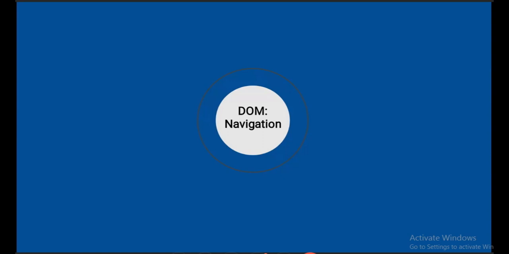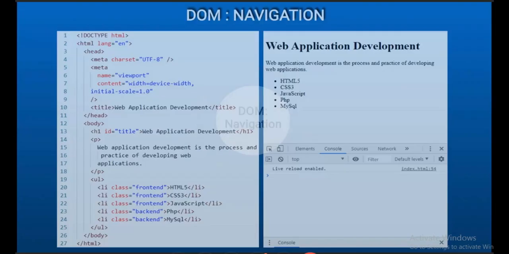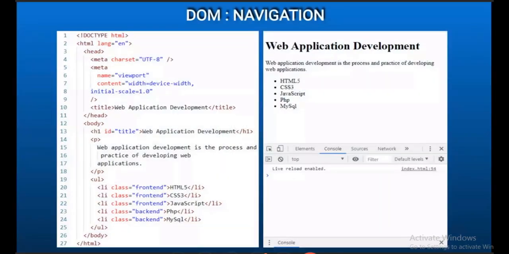Now we will move into DOM navigation. Here, I will use this format. On the left side, I will give the code. On the right side is the total browser: this is the HTML page displayed in the web page, and this portion is the developer console, which I demonstrated in the previous slide.